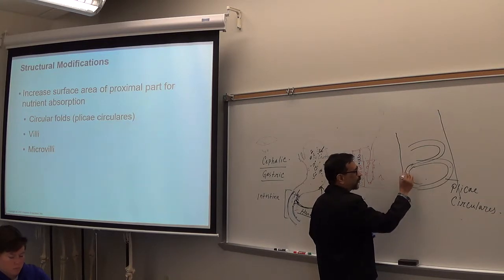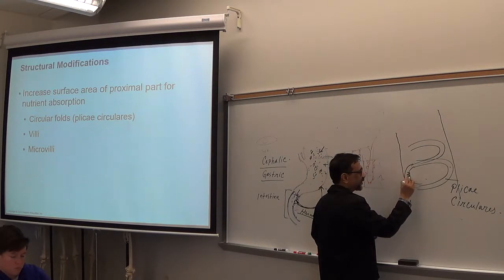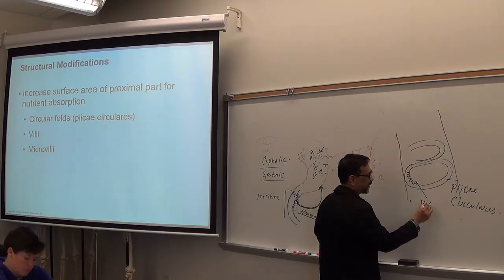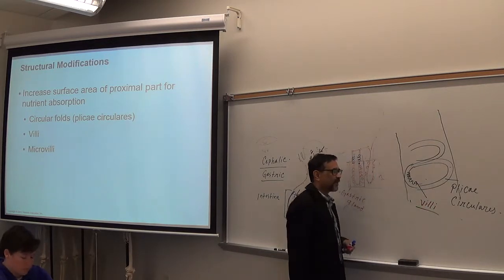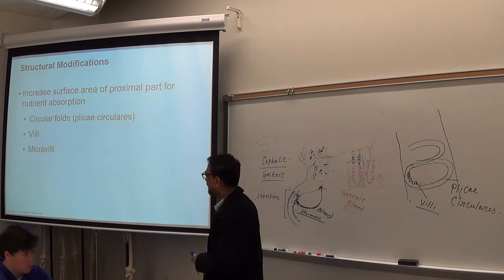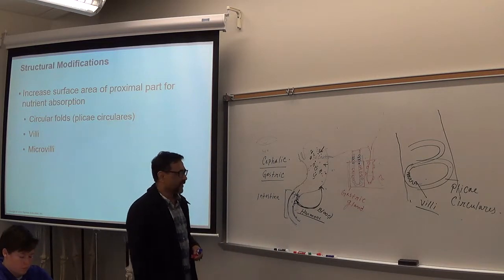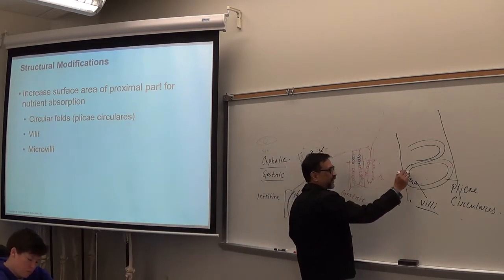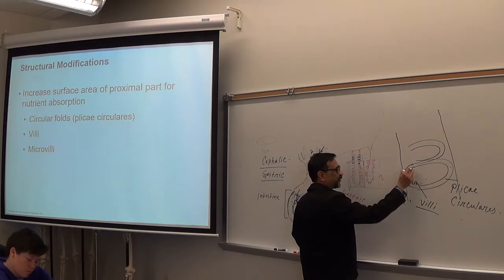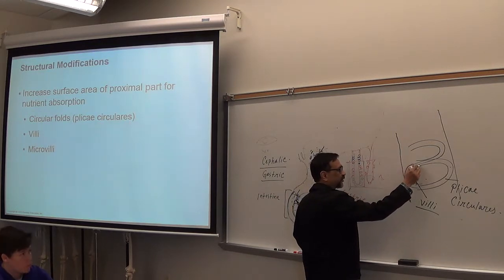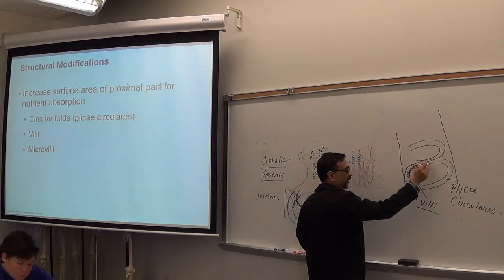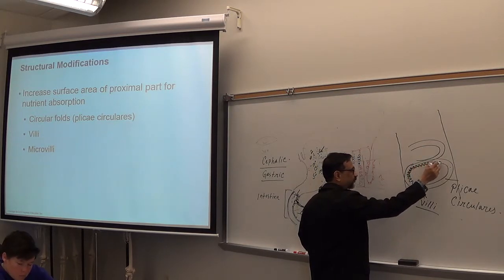Now in plica circularis you have many finger-like structures like this. These finger-like structures are called intestinal villi. So first plica circularis, and on plica circularis you have finger-like structures. Those are called what? Villi, like this.